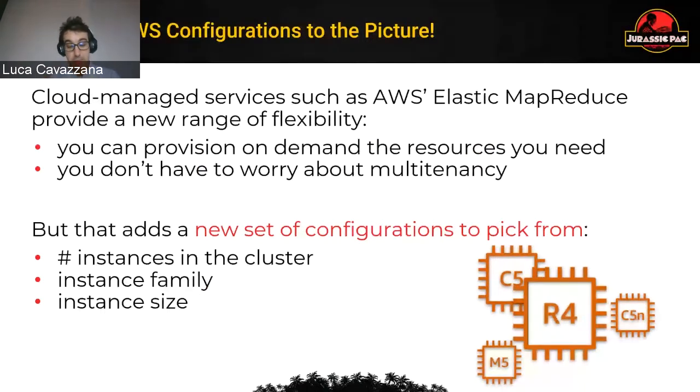So this is really handy, but that gives us even more parameters that we have to tune. For example, we have to get the right number of instances, decide how big they are going to be, and their family.